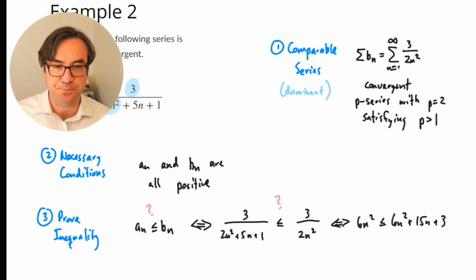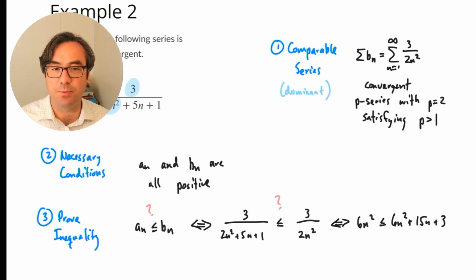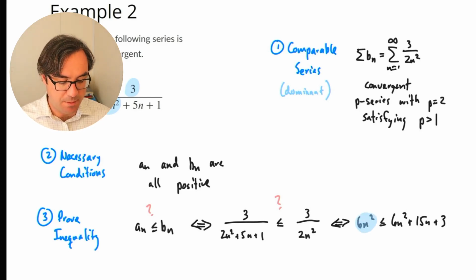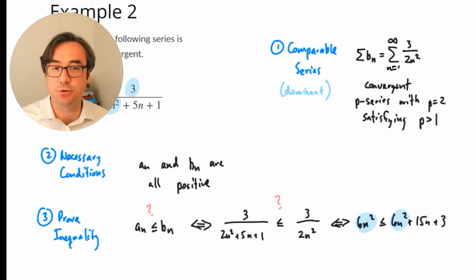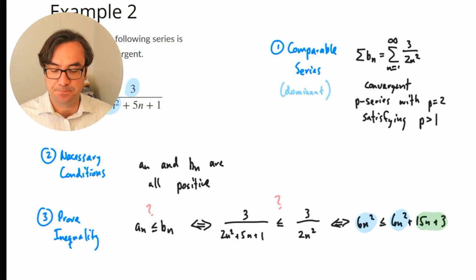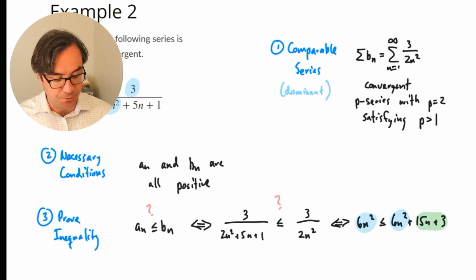And we're getting down to a point where this is kind of obviously true. Because at this point we have one number here, 6n squared, and then that exact same number shows up on the other side, but then we also have some extra stuff that we're adding. So this is true.